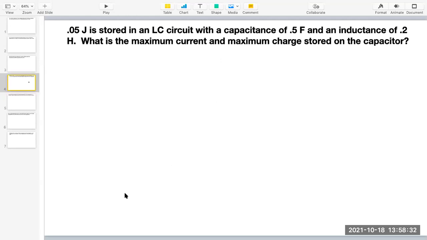So if all of the energy is on the capacitor, then our energy in the capacitor will be 0.05 joules.